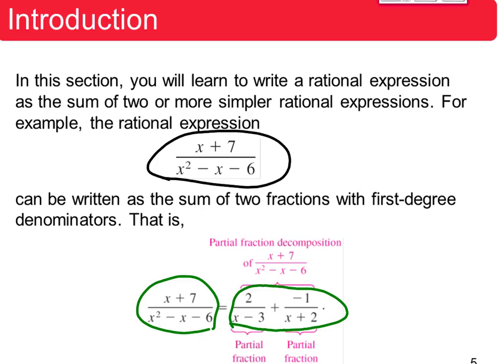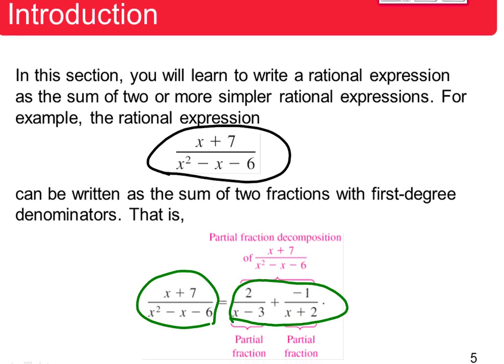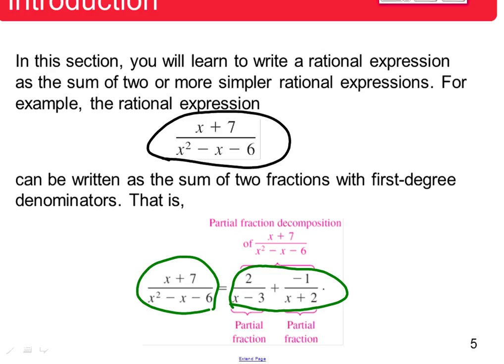And so in this section, here's a situation. We want to learn how to take something like x plus 7 over x squared minus x minus 6, and we want to turn it into 2 over x minus 3 plus negative 1 over x plus 2. And those two things are the partial fractions that add to be the big first fraction.